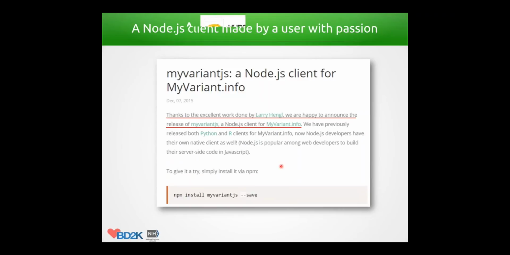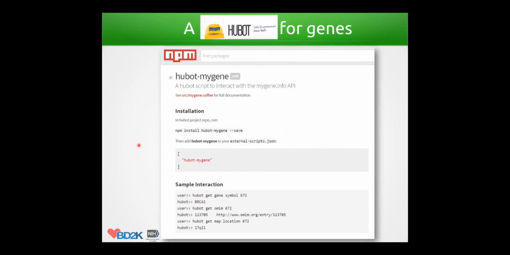And just recently, I noticed that some user tweeted that they created something called WhoBot for MyGene. WhoBot is almost like you talk to a robot. It's a Node.js-based application. Once you install it, you can basically talk to a computer. You can ask it for the gene symbol 672, and it will reply with a bracket 1.